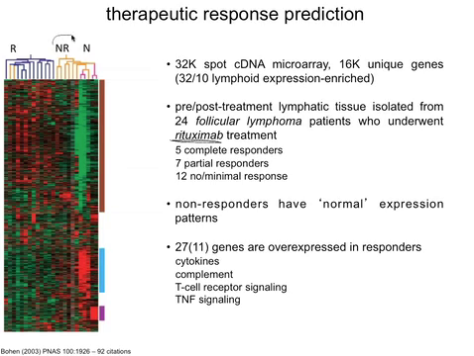The non-responders are categorized with normal expression patterns, and the responders have a series of genes that get overexpressed. Some 27 different genes are getting overexpressed: cytokines, complement, TNF signaling. All of these are the usual suspects, if you will, for tumorigenesis.